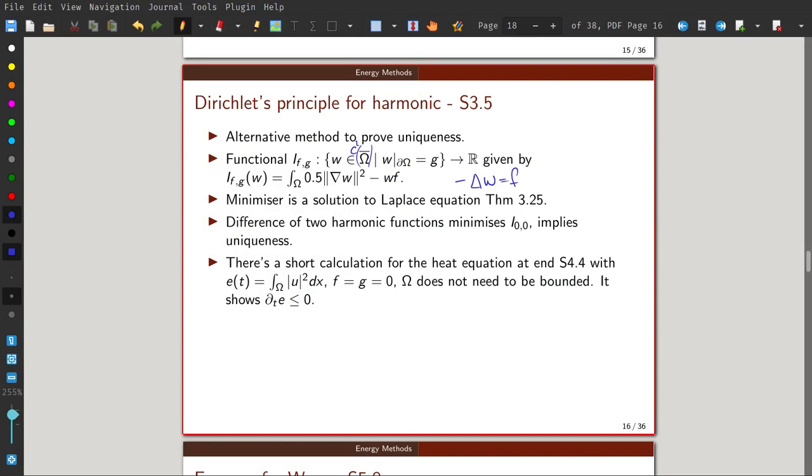I said that in more general settings, it can also be used to prove existence. The problem is that the set of functions that we're considering here is not a closed set. Because the limit of a twice continuously differentiable function does not need to be twice continuously differentiable. We know that there are continuous functions whose limit is not continuous anymore, for example.